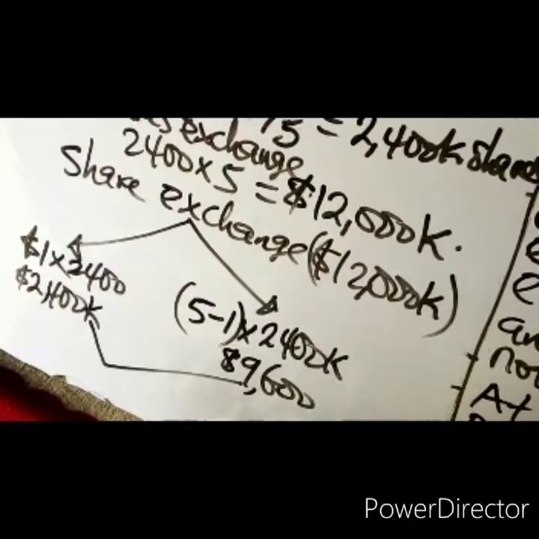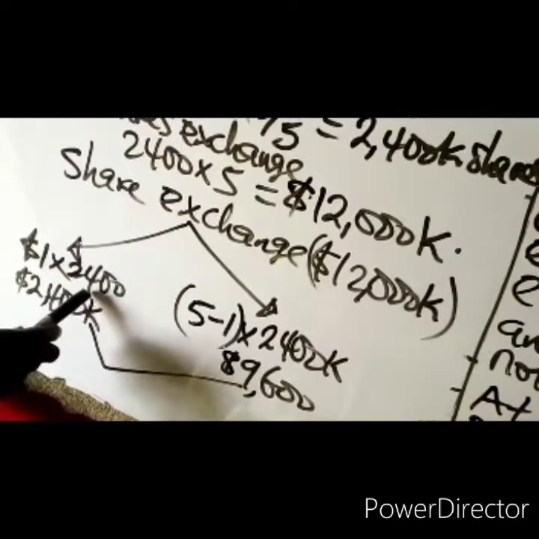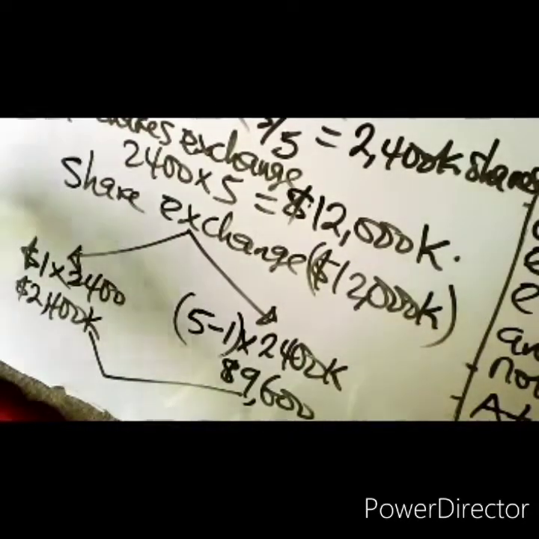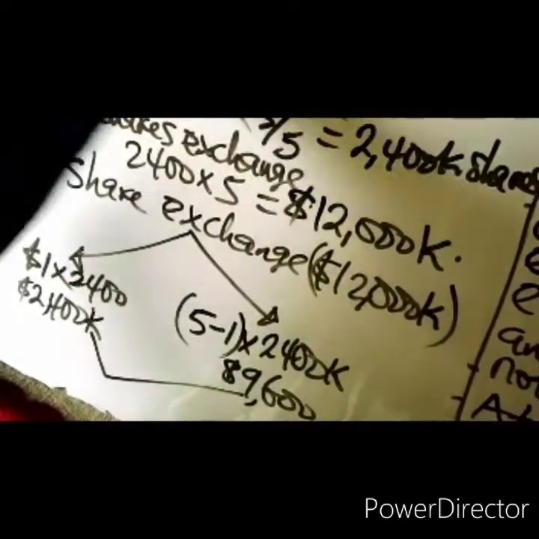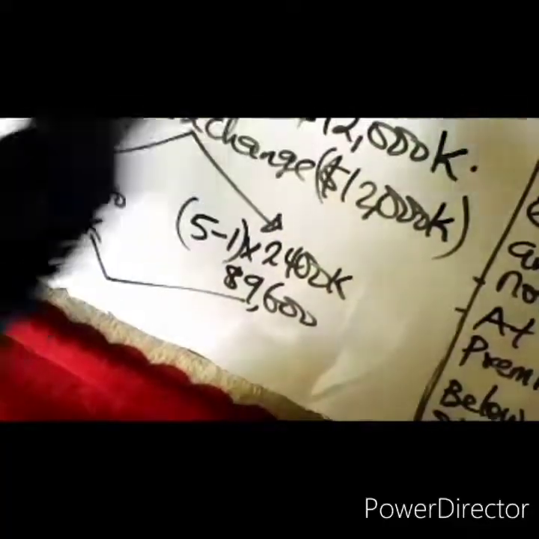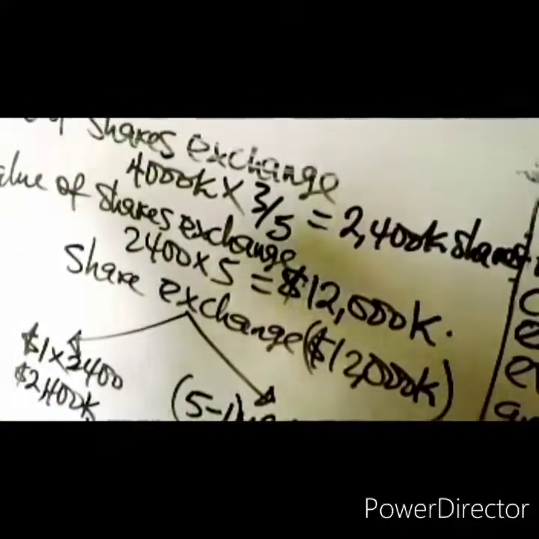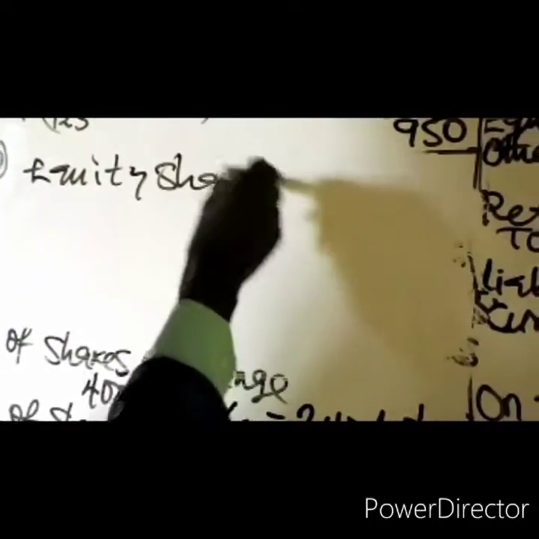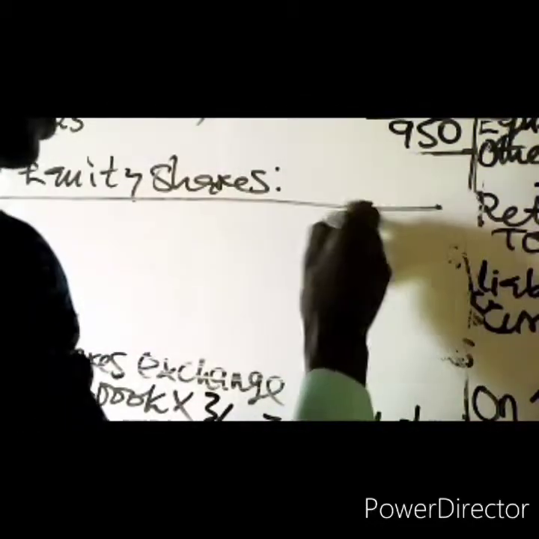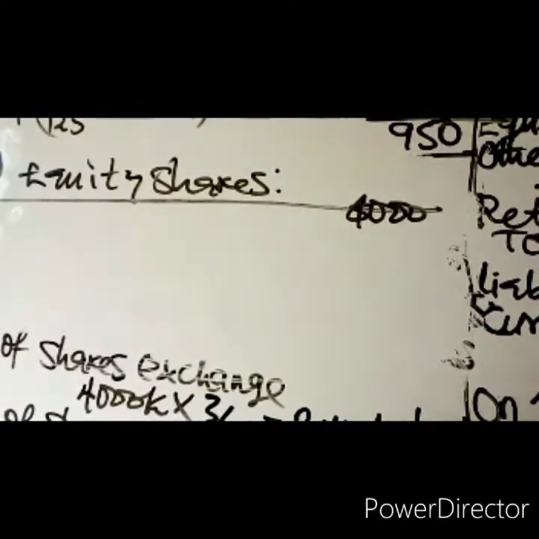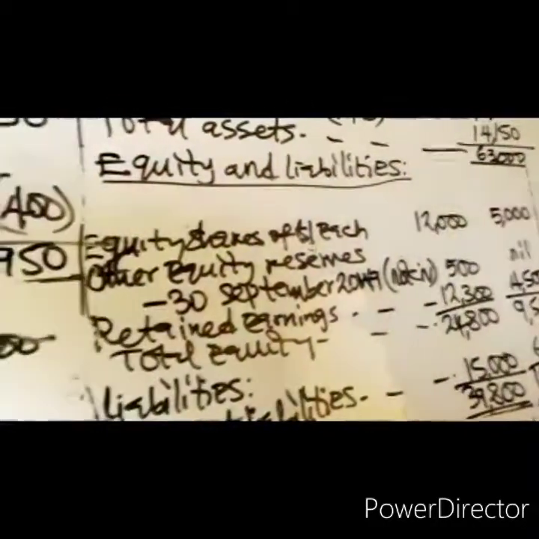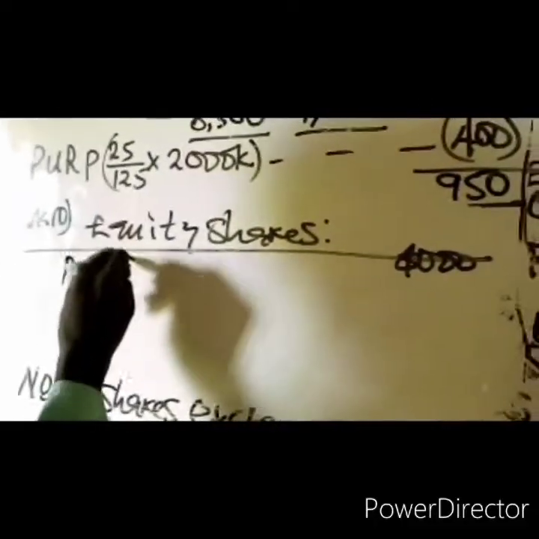So, I've told you that this 2.4 will be added to the share capital of the parent for consolidation purpose. Now, the equity shares of the parent, the equity shares that will appear in the consolidated statement of financial position. That of the parent is 12 million. The parent is Premier, which is 12 million.